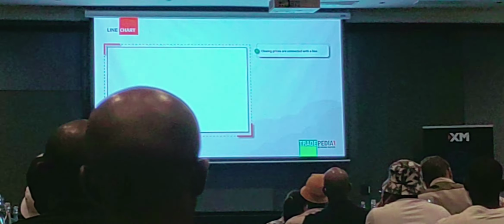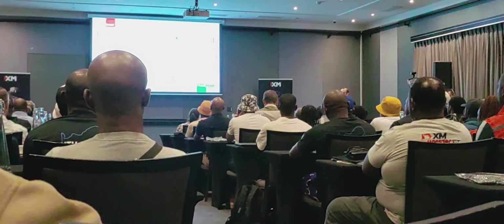Now with the line chart, as I said, most of us here will not be using line charts, okay? Because in a line chart, the closing price of each period is connected to the previous closing price with a line. It is a very simplistic overview of what the market is doing.